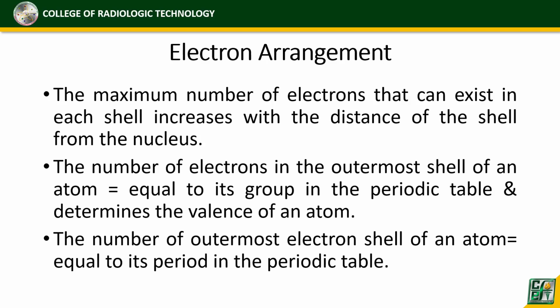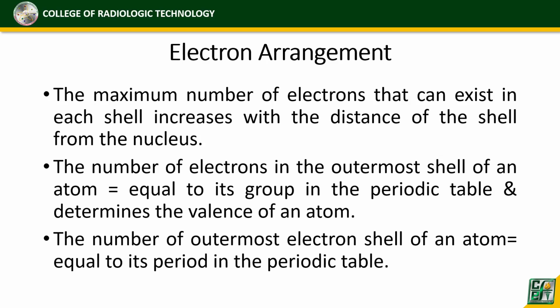Ano ba yung outermost shell? So depende sa atom. Be it L shell, M shell, or O shell, or S shell. So depende. Okay? So yun daw bilang ng electrons na nag-occupy sa outermost shell ay equal doon sa group ng elements doon sa periodic table. And it also determines the valence of an atom.